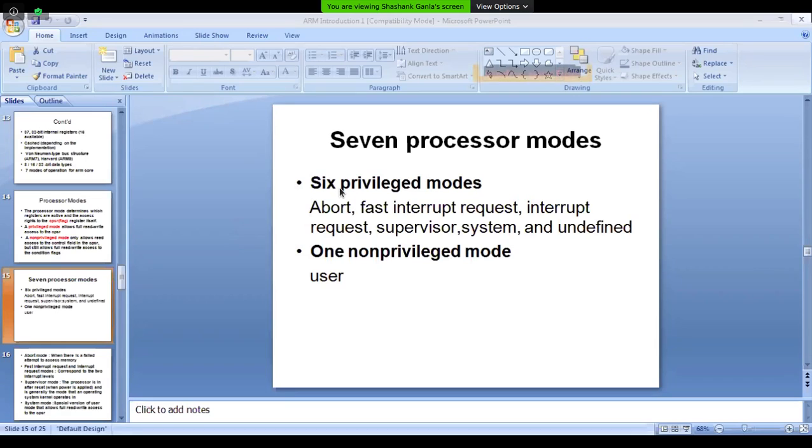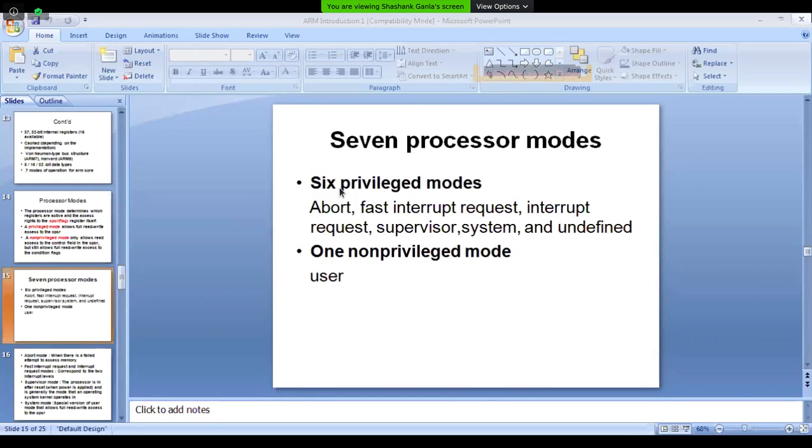The supervisor mode of operation is the default mode of operation of the ARM core. So when the ARM core is powered up, by default it will be in supervisor mode where system level initializations will be done. After system level initializations are done, the CPU will be made to switch from supervisor mode to user mode of operation, where the user can execute his applications, gaming applications or any program development related applications.